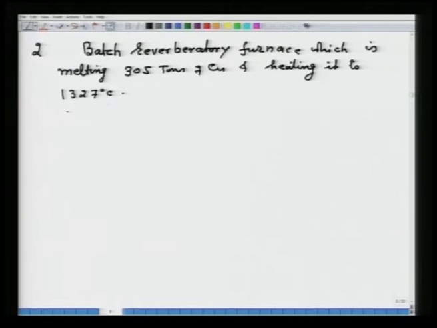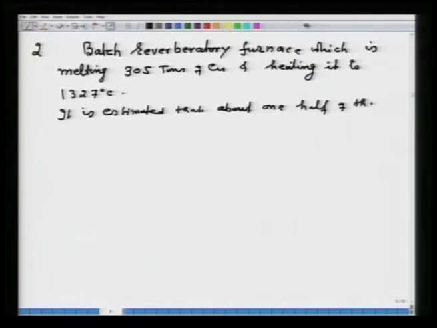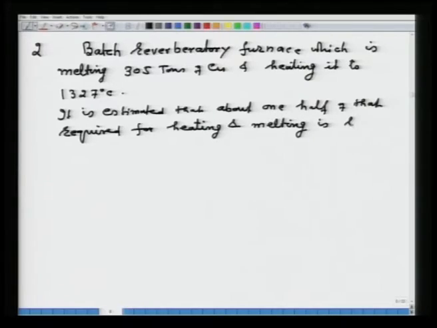Now, it is estimated that about 1/2 of that required for heating and melting is lost.